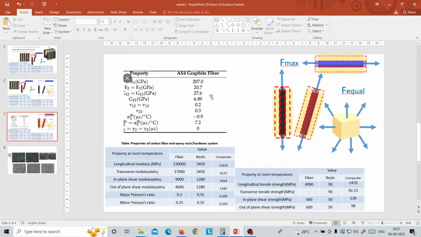Or even in applications in which you have load applications from both directions. What can be a possible example? For example, flexural, if you are trying to check the flexibility of the composite or manufacture a composite which can even be flexible.